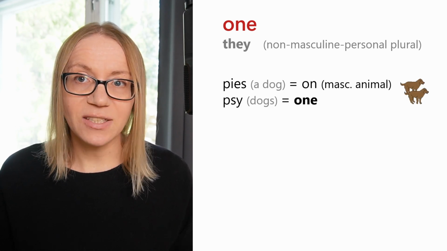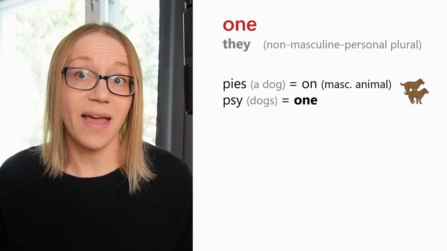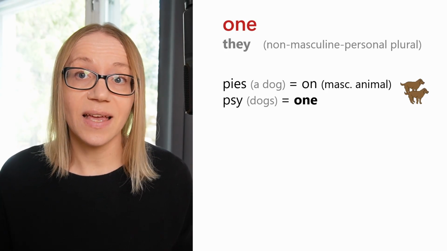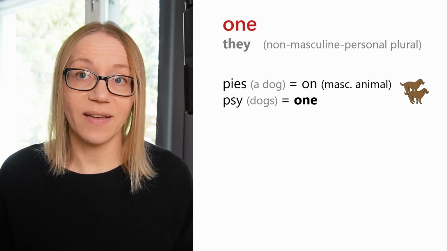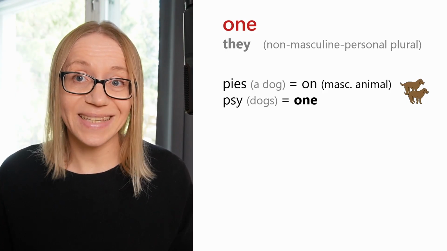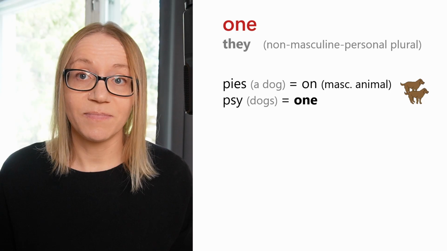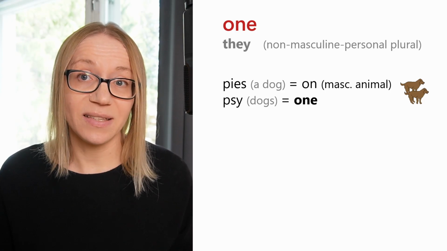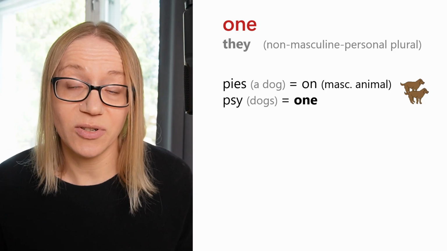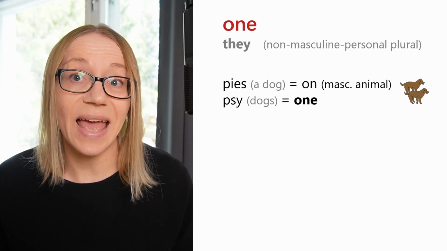Also, masculine objects, animals, places, in the plural will have one. For example, pies, a dog. It's a masculine noun, but it's not personal. It's animate, but it's an animal.